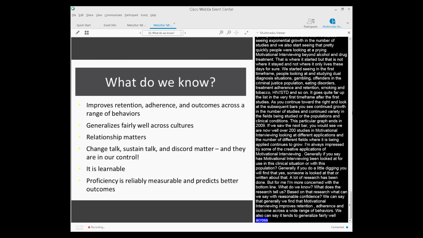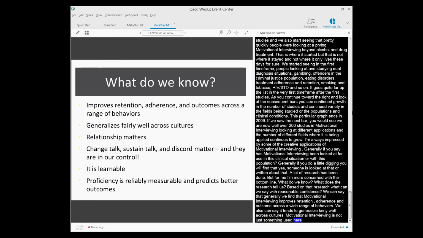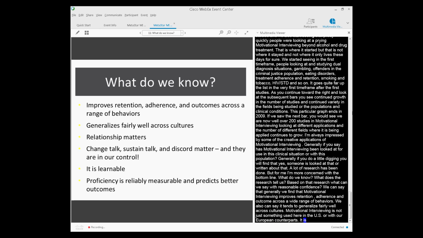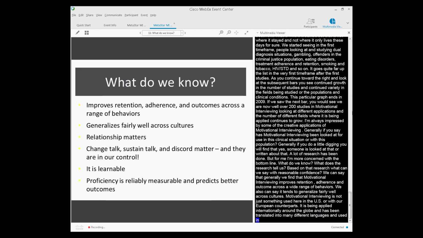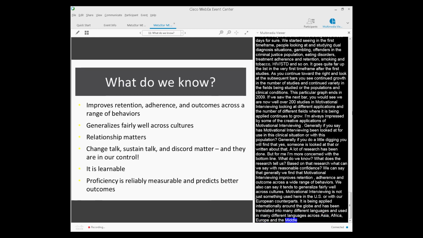or with our sort of European counterparts. It is being applied internationally around the globe and has been translated into many different languages. It is being used in many different languages across Asia, Africa, certainly widely throughout Europe, and the Middle East has had some exposure to motivational interviewing.